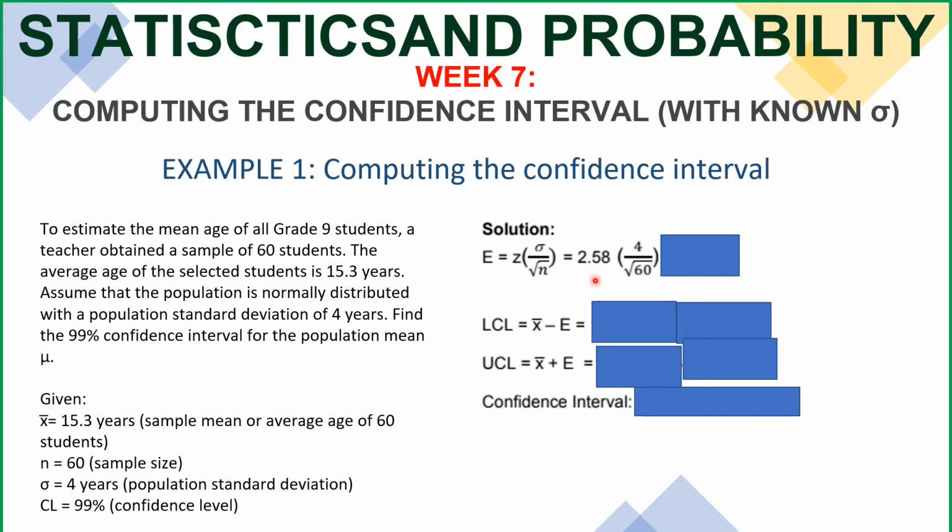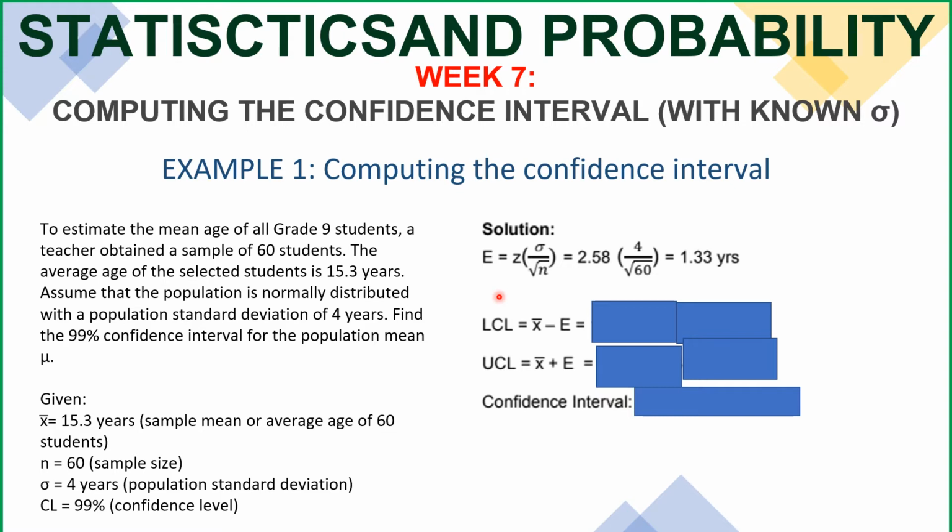We have 2.58, 99%, diba? 99% confidence level is equivalent to 2.58 z-score. Kamukha nung sa last slide natin. So, we have sigma or standard deviation of 4 all over the square root of the sample size, which is 60. So, when you insert it in your calculator, you will get 1.33 years.